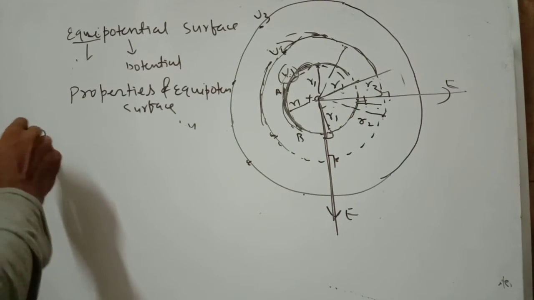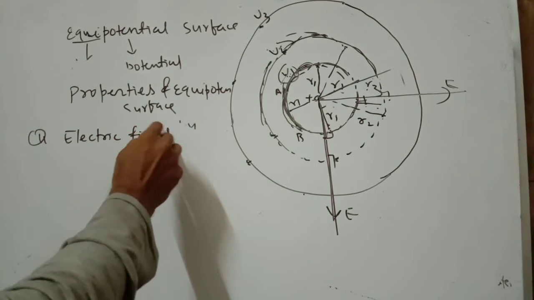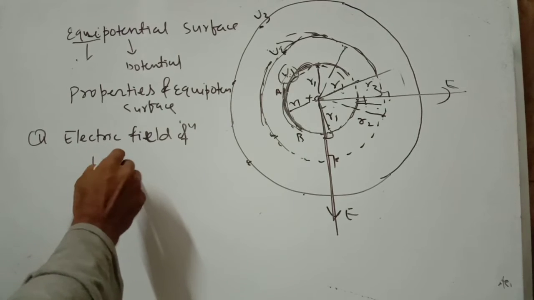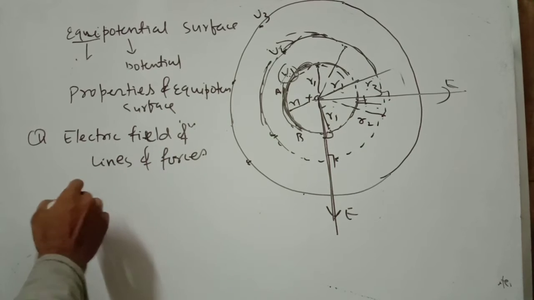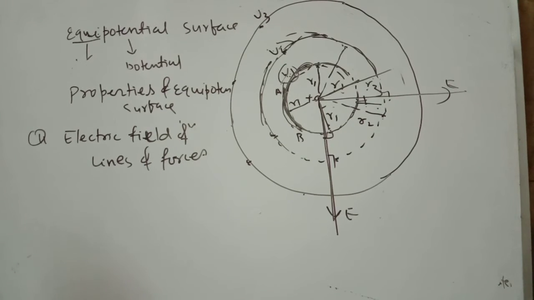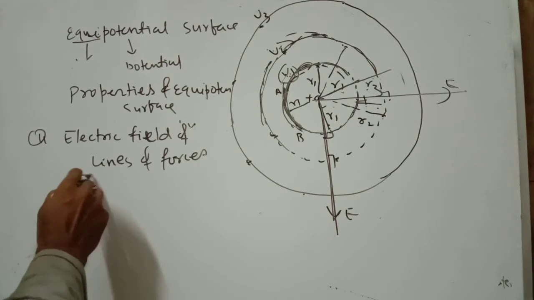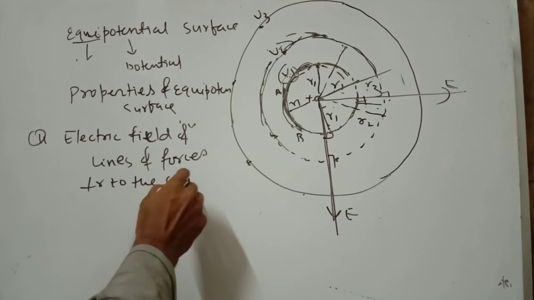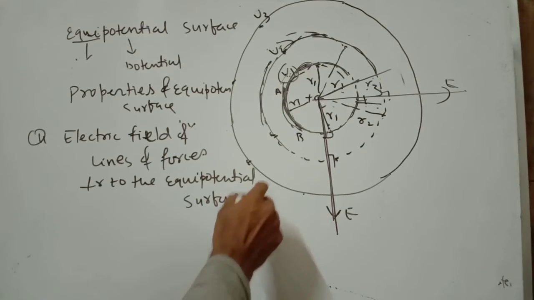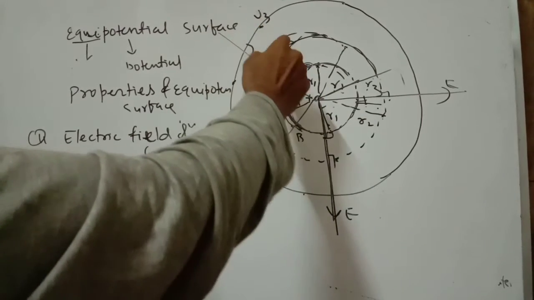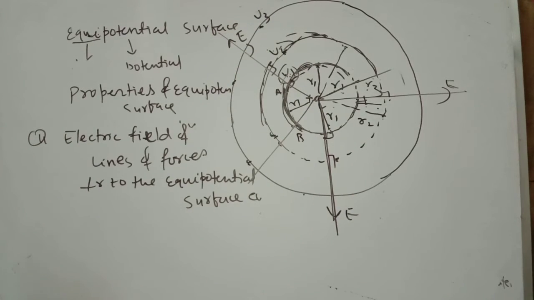So you can write the second property: the electric field lines of force are perpendicular to the equipotential surface everywhere, either here or here. Everywhere, the equipotential surface and the direction of the electric field lines are perpendicular to each other.